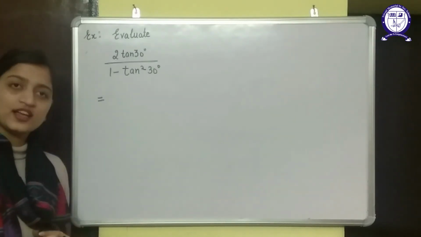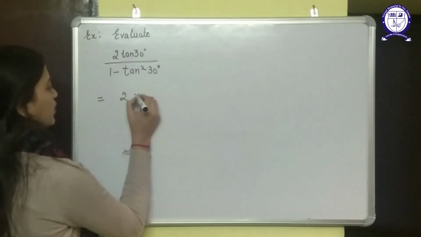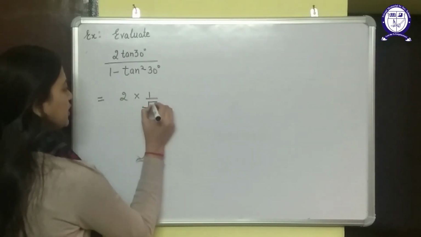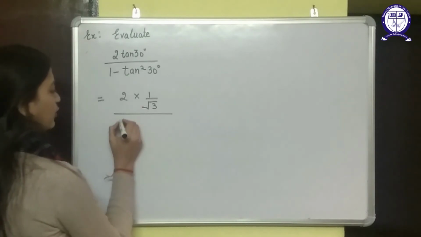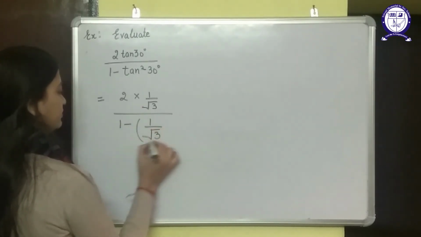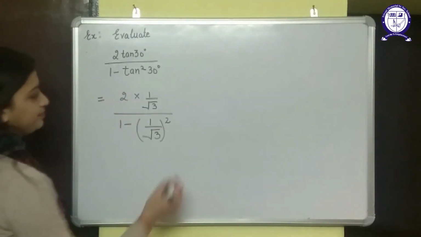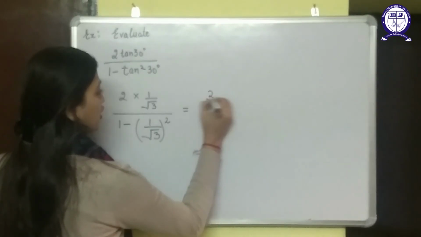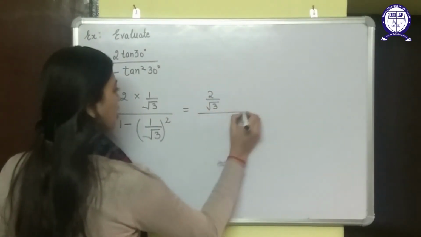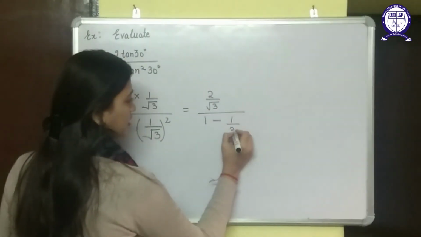Now the value of tan 30 is 1 upon root 3. So this is 1 upon root 3, 1 minus 1 upon root 3 square, because I have tan square 30 degree. Now I can solve it. 2 upon root 3, 1 minus, and this is my 1 upon 3.